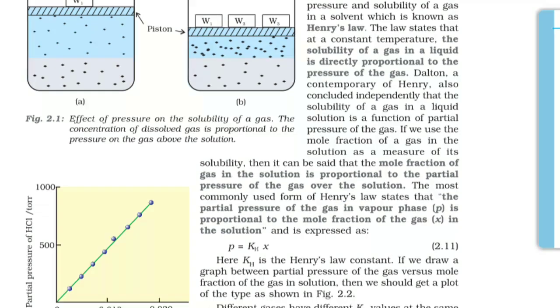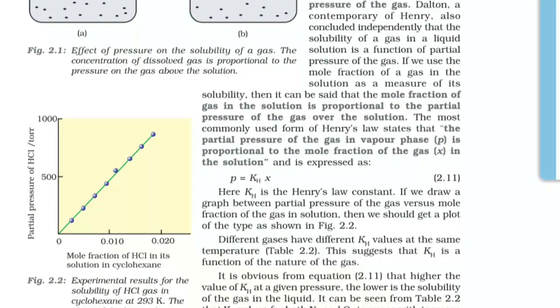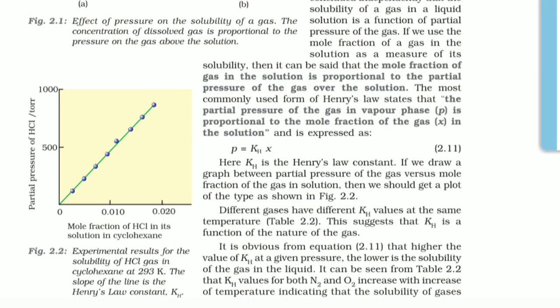Let us suppose the partial pressure of the gas over the solution in the vapor phase is small p. Because of this partial pressure small p, x mole fraction of the gas will be present in that solution. That means the concentration of the solution is x mole fraction.